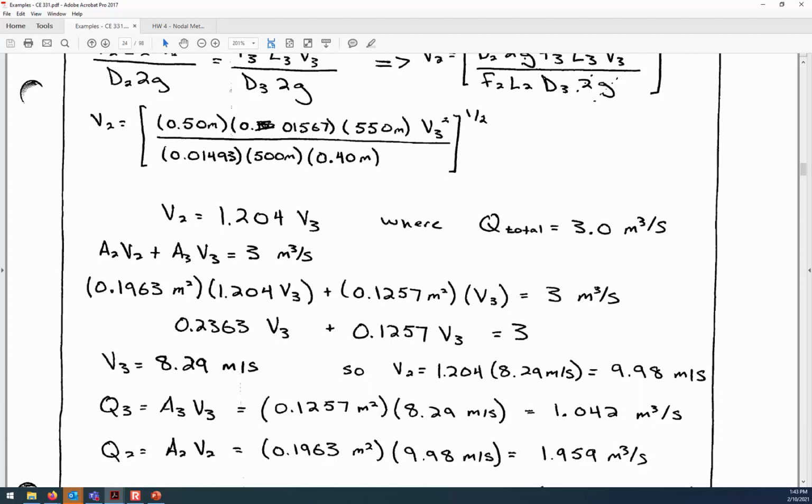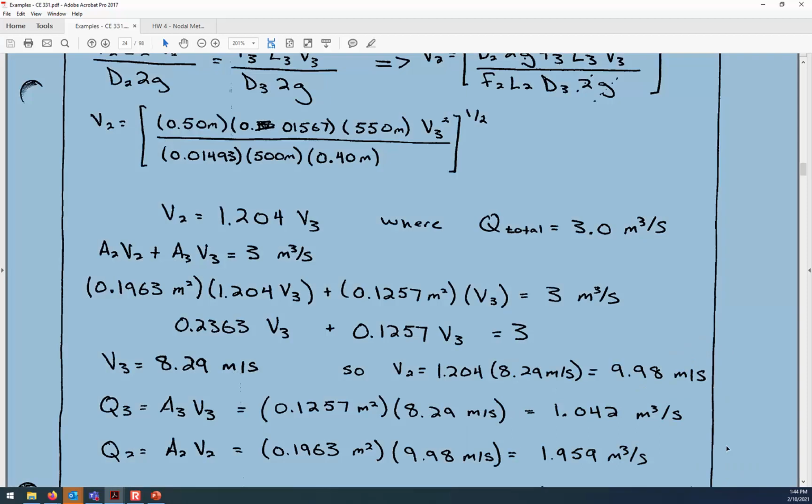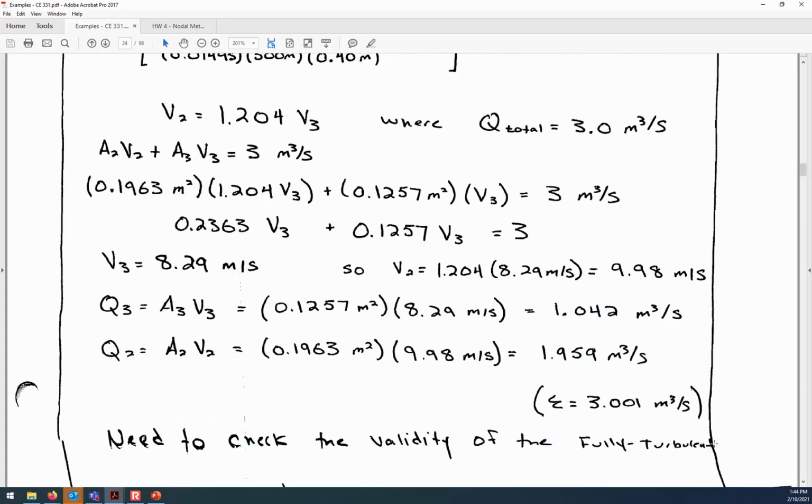And how valid? Well, if the F value is within a couple of percent, then that's close enough. So now that we have an estimate of the flow rates, let's check the fully turbulent flow assumption. We need to check the validity of the fully turbulent flow. Before I move on, are there any questions?